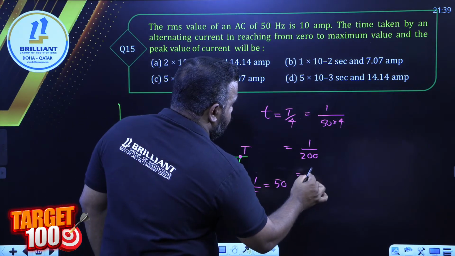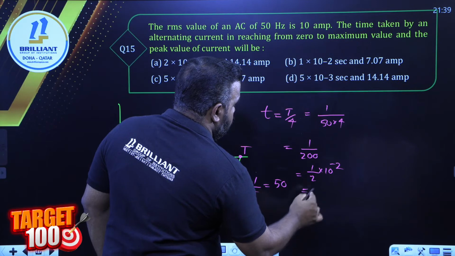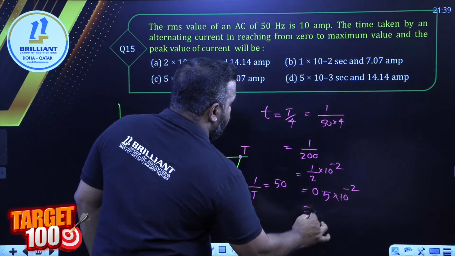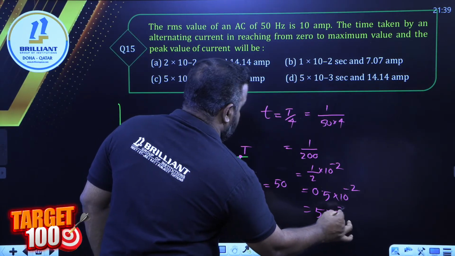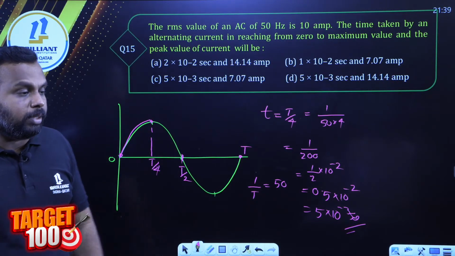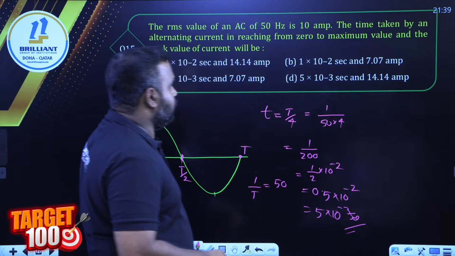You can write it as 1 by 2 into 10 to the power minus 2, that is 0.5 into 10 to the power minus 2, which is 5 into 10 to the power minus 3 second. This is the answer for the first one. Is it clear? Yes, 5 into 10 to the power minus 3 second.